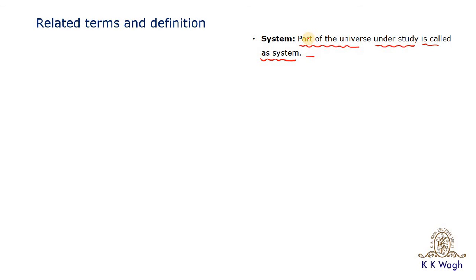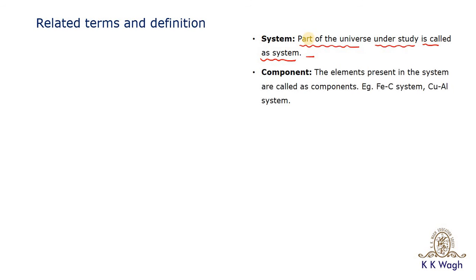Then, related terms and their definitions. So what are the very important terms that you must know to understand this course? First is a system. What is called a system? A part of the universe under study is called the system. Then component.